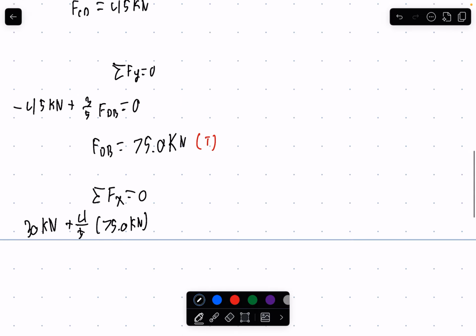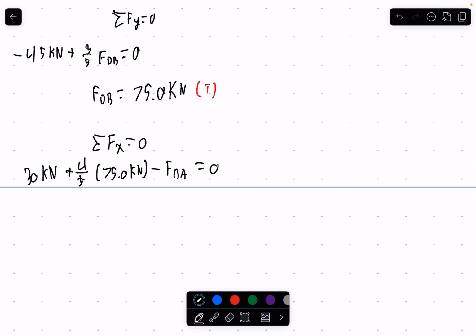We have force DA acting completely in the horizontal direction right there. And if you plug that into your calculator, you should find force DA is equal to 90 kilonewtons, and we got a positive answer for this.